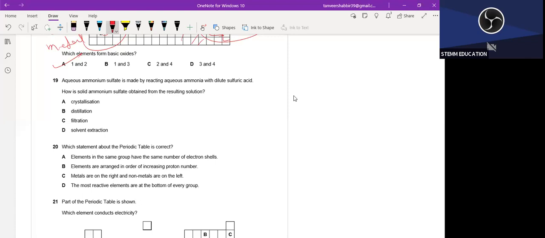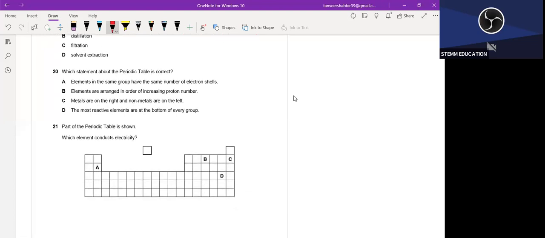We are preparing ammonium sulfate by using ammonia and acid. How can we get a solid? Initially we have aqueous ammonium sulfate and we need solid ammonium sulfate. For that we need to remove its water, so we will use the crystallization process.